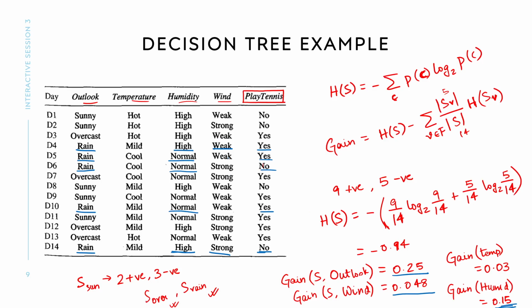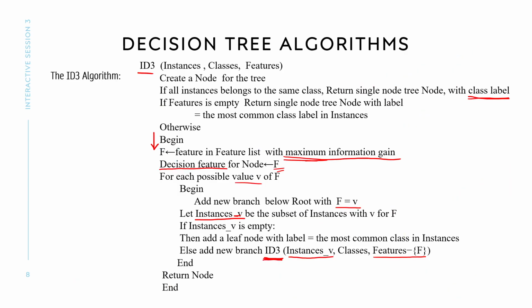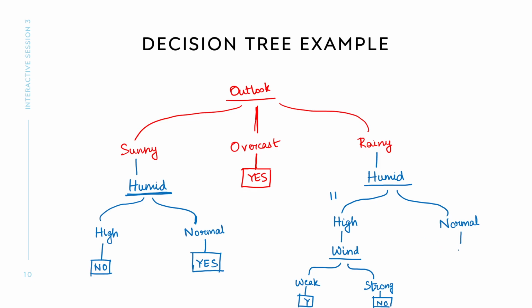If the wind is weak, answer is yes. Wind is strong, answer is no. So even in this case, we'll have wind and two options. I should have written down the number of items in each case. Okay, we'll do that.